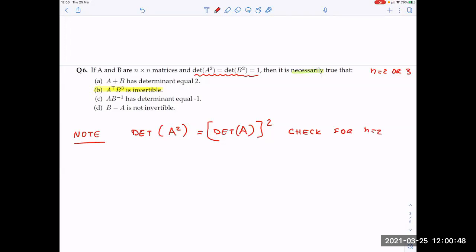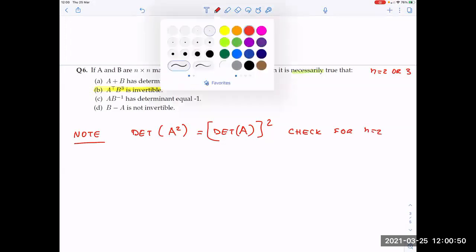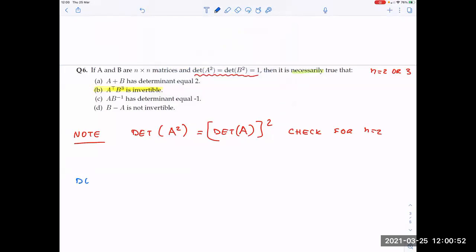So in our situation, this means that the determinant of A is equal to +1 or -1. And similarly, the determinant of B is equal to +1 or -1 because they have square 1. In both cases, we can say that A and B are invertible.